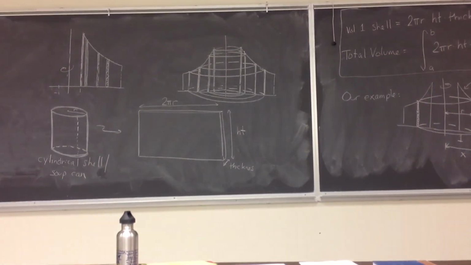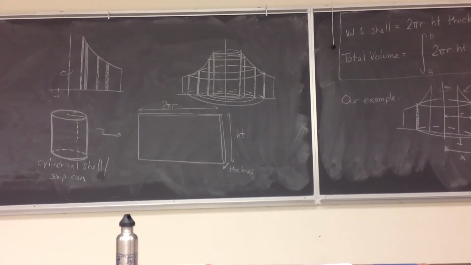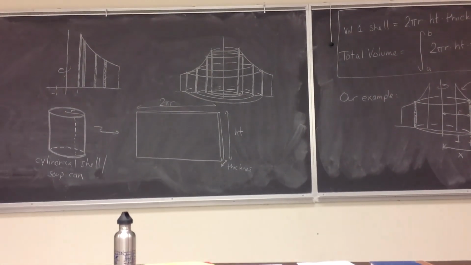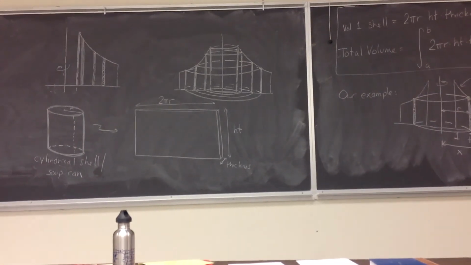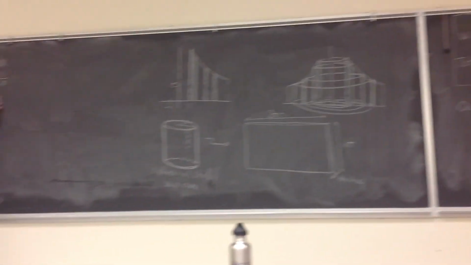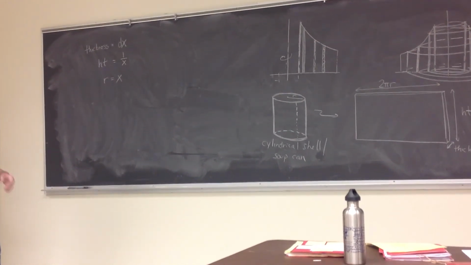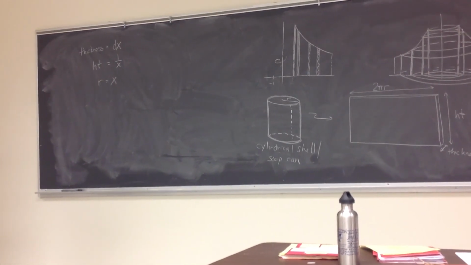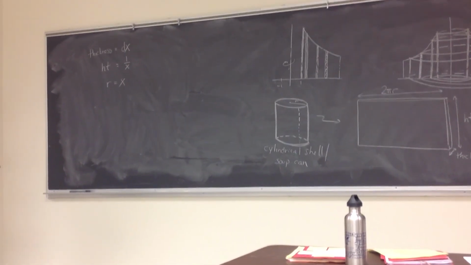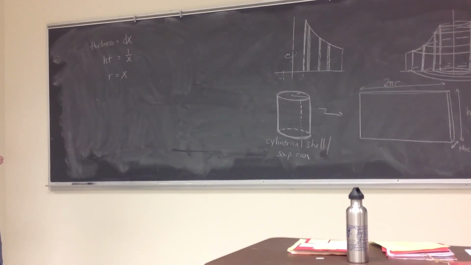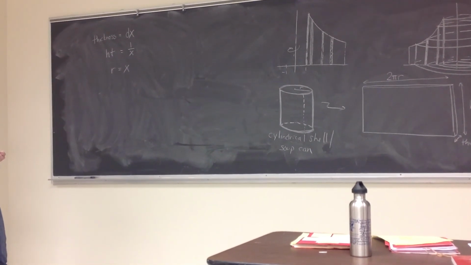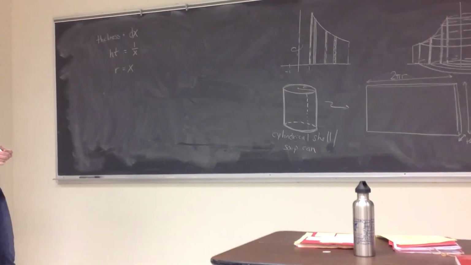Or it should be like greater than or equal to 1? So that's where our bounds, the a and the b, are going to come in. So for now, this is just our x value. Okay? So the radius is just the distance from the point of rotation to the particular shell we're talking about? That's correct.